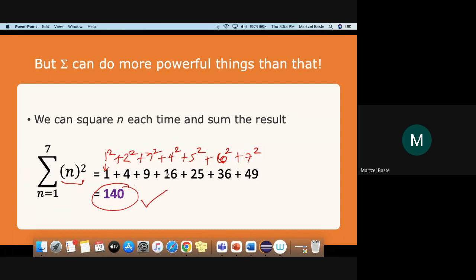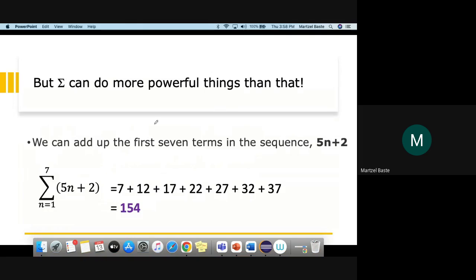So that's summation. Now another way in the summation is it can also get the first 7 terms in the sequence by using the expression 5n plus 2. Therefore, it says that we arrive at 7, 12, 17, 22, 27, 32, and 37.